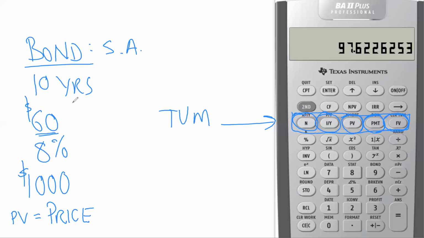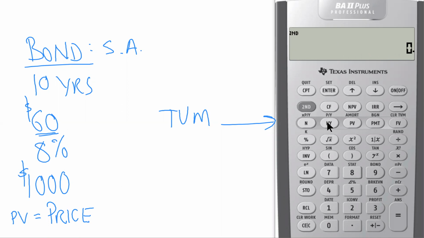So now that we know this, there's a couple of items that we have to be aware of on our calculator. So let's clear this off so that we can make sure that we know what we're looking at. This IY button, let's clear everything off here. Sometimes this IY button comes set at multiple payments per year. Let's check this.